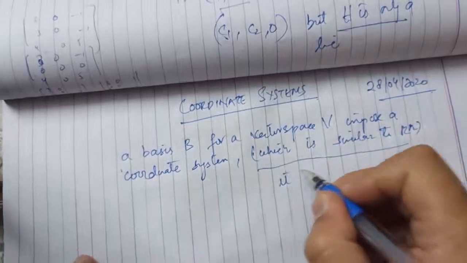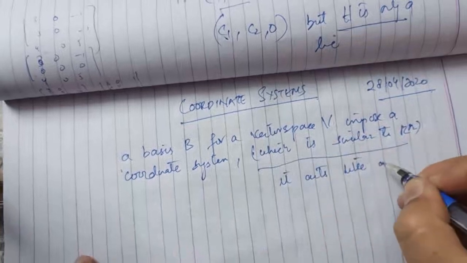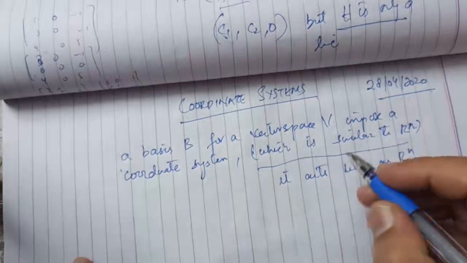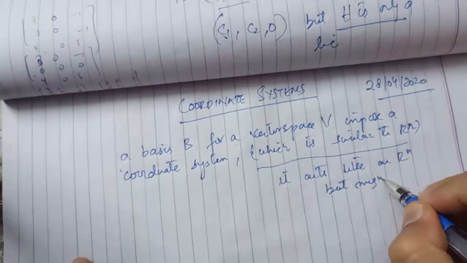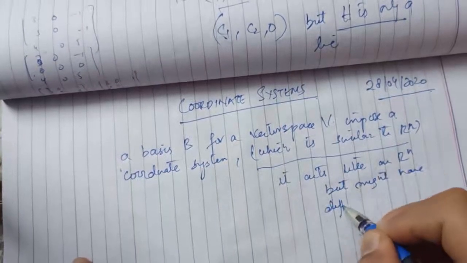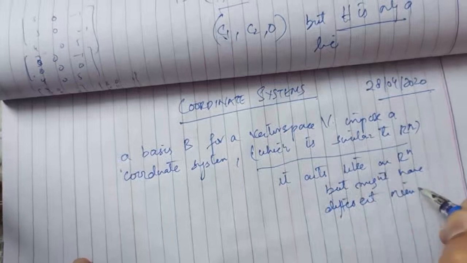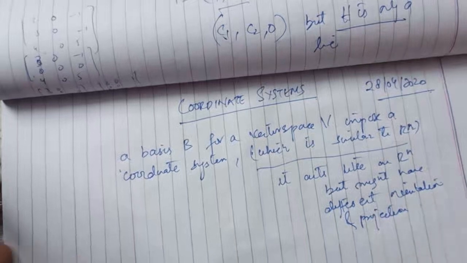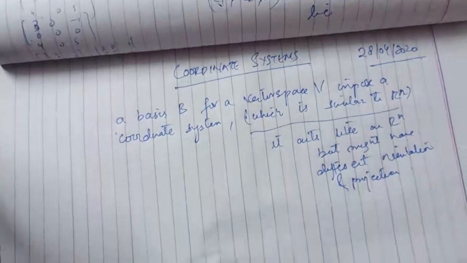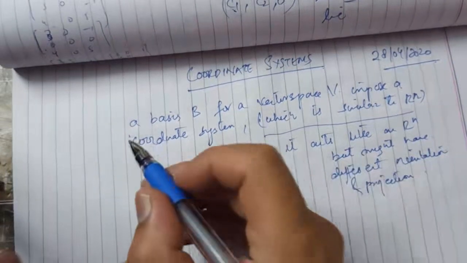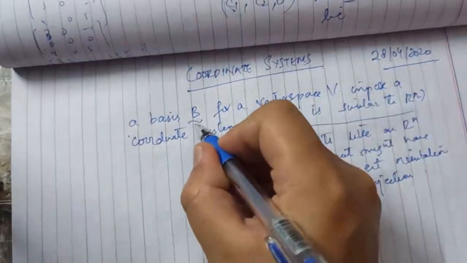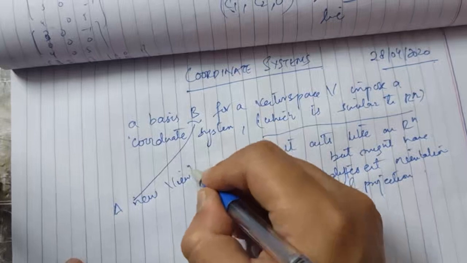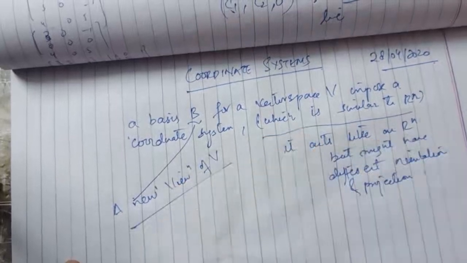It acts like an Rn. Your book says it looks like an Rn, but might have different orientations and projections. We'll see in just a few moments what that really means. So exactly, the set of bases B actually provides a new view of V, a new view of the vector space.